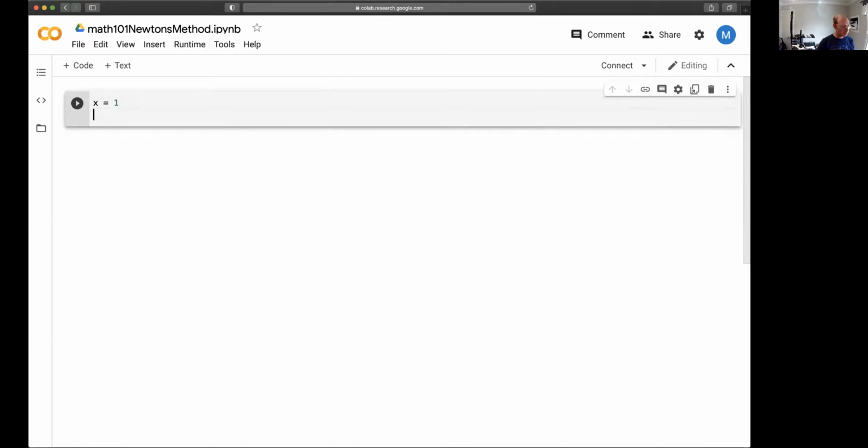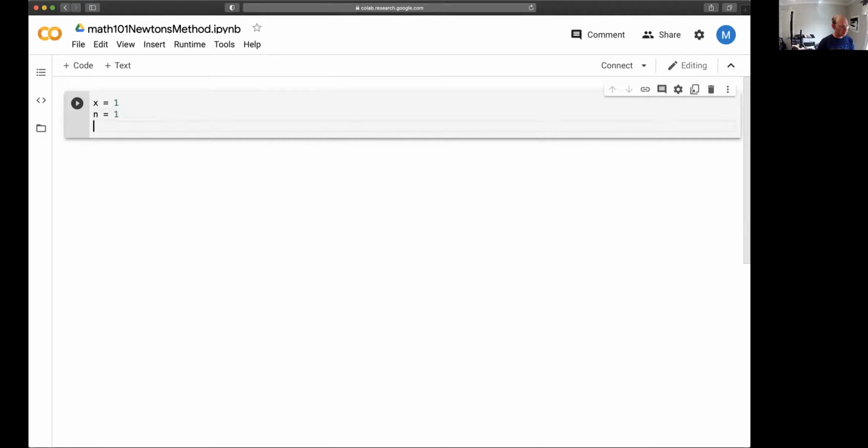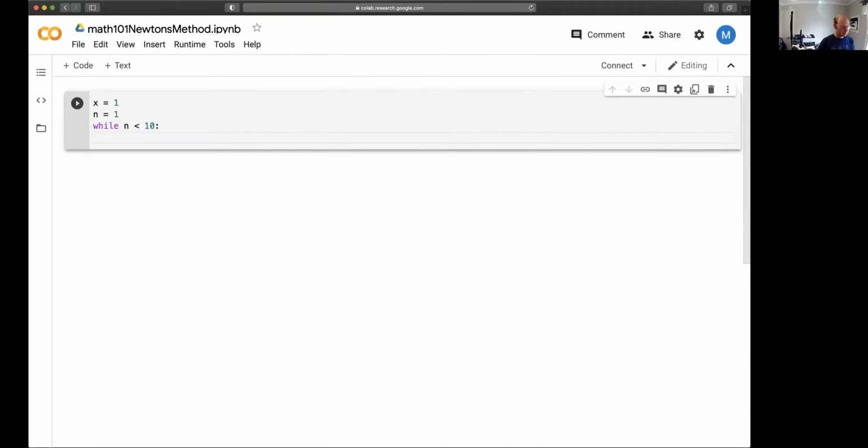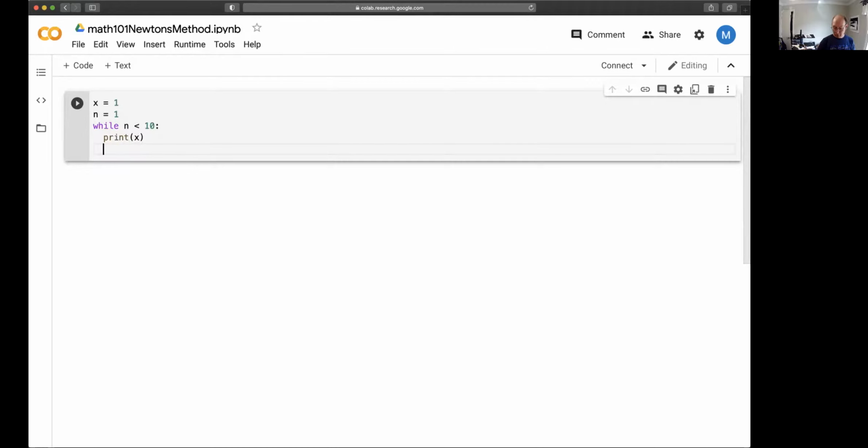That was our guess. And let's let n equal 1 while n is less than 10. First we want to print out our guess. So print x. And then we want to calculate our new Newton's number.